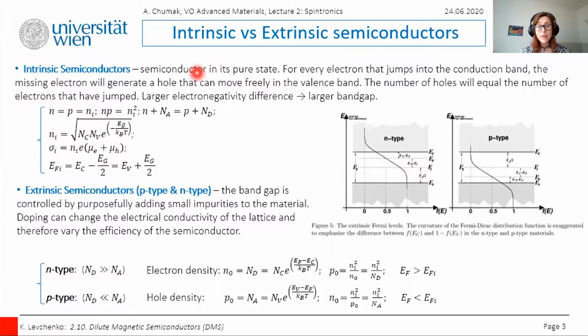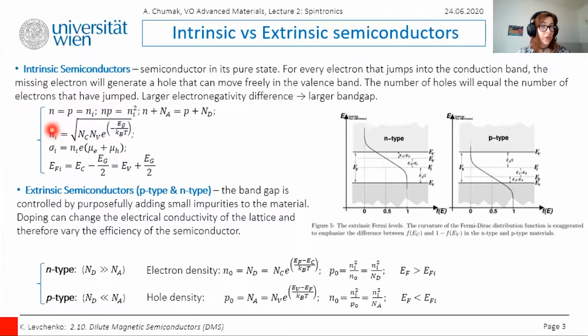For intrinsic materials, electrons and holes are always created in pairs, which means that we always have the same concentration of electrons and holes, equal to some intrinsic charge carrier value. And this is hidden in this first equation, where Na and Nd are nothing else than the acceptor and donor concentrations.